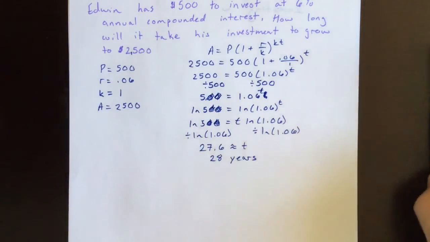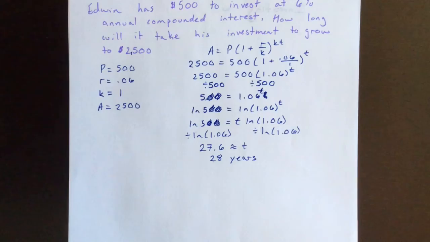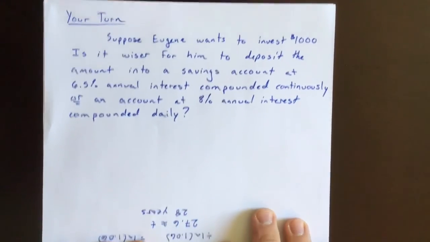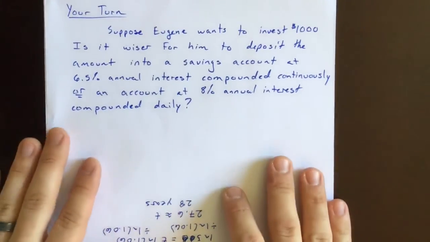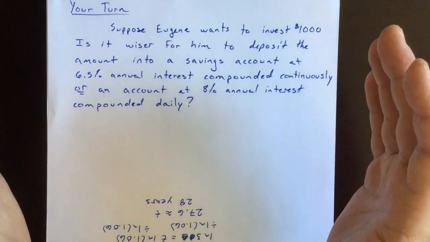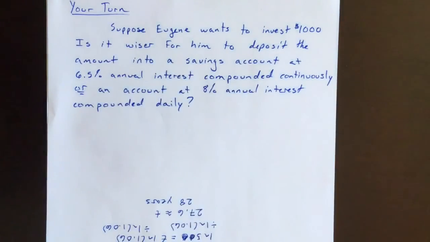Okay. So to close this video, this short lesson, I would like for you to do this one last problem. I would like for you to examine this problem. Eugene, he wants to invest $1,000.